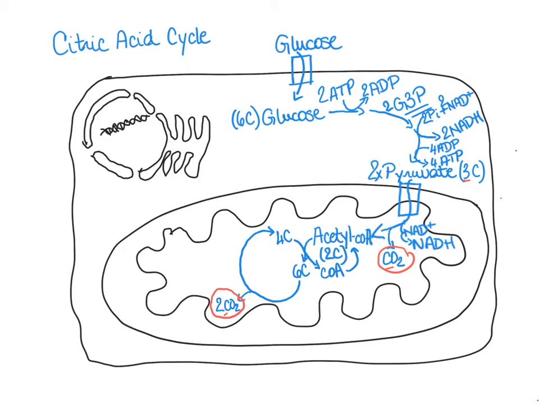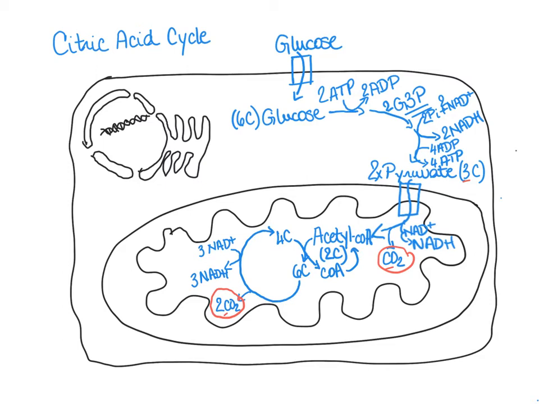Okay, so for every oxidation, there has to be some reduction as well. The electrons that are released by these oxidation steps are picked up by NAD plus, which is reduced to form NADH, and there are 3 molecules of that for every turn of the citric acid cycle.